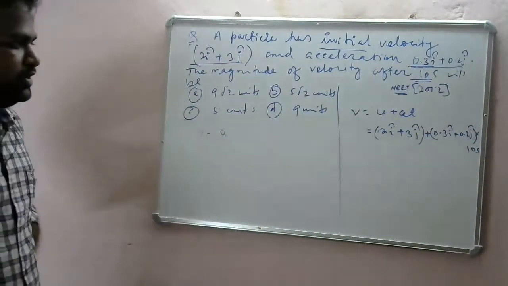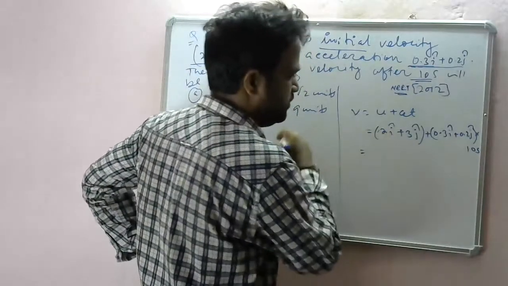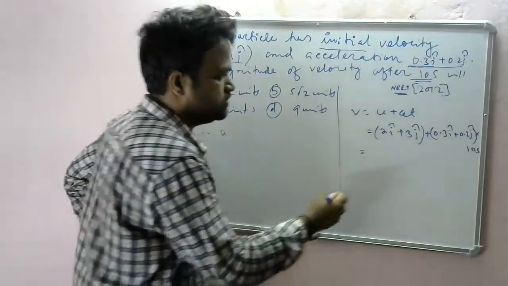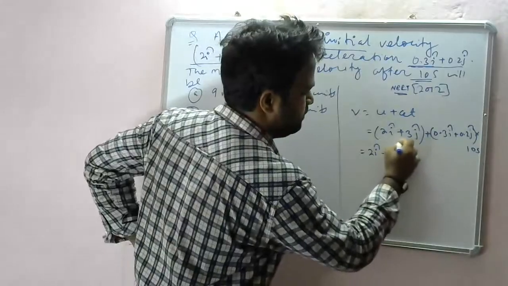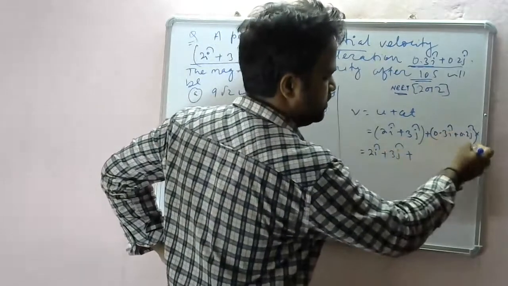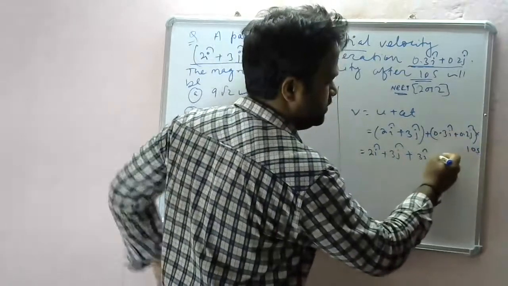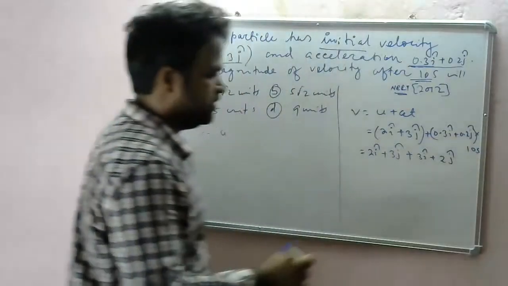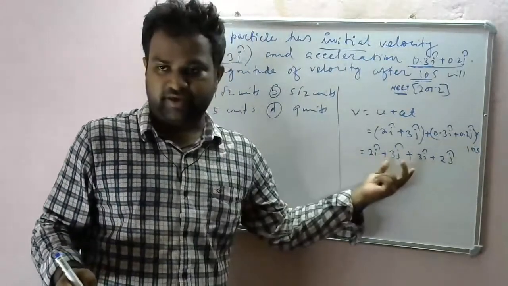So just multiply and simplify this equation. This is 2i cap plus 3j cap plus 0.3 into 10, that is 3i cap, plus 0.2 into 10, that is 2j cap.